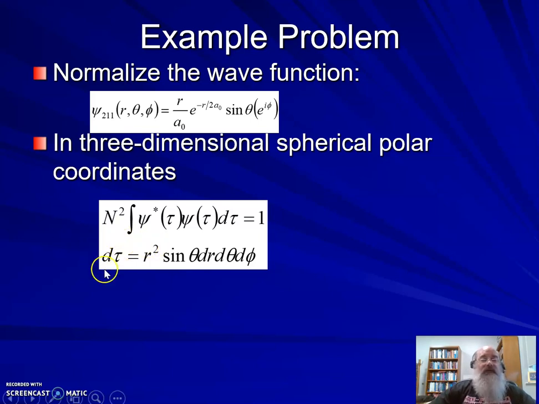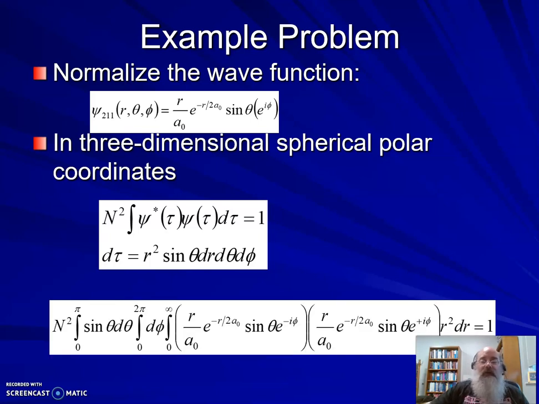You don't have to memorize this, but in place of dx, dy, dz, we could again work this out as a derivation, but d tau is r squared times sine theta dr d theta d phi. So that's an equivalence to dx, dy, dz. And so it appears in multiplication to the wave function squared. So in our case, we have this n squared, and what we've done now is we've broken it out.